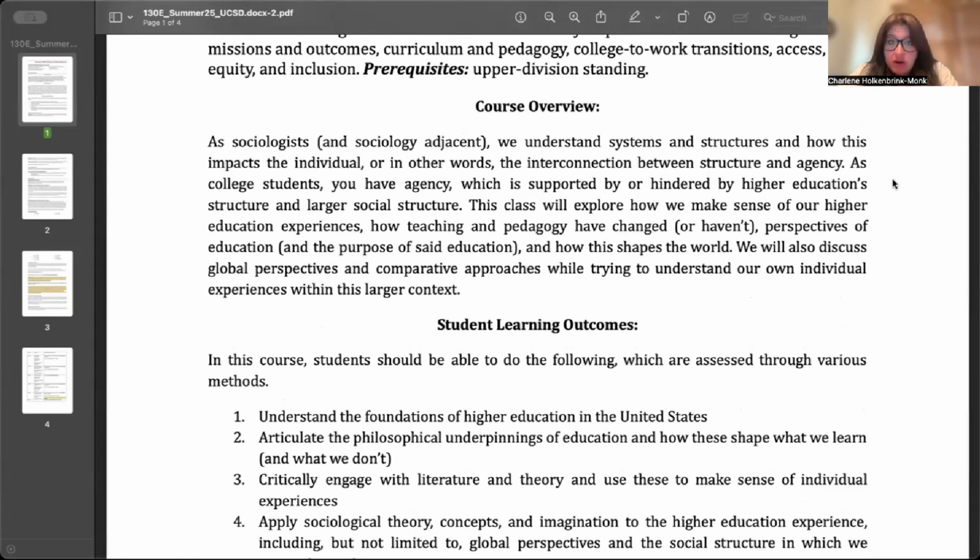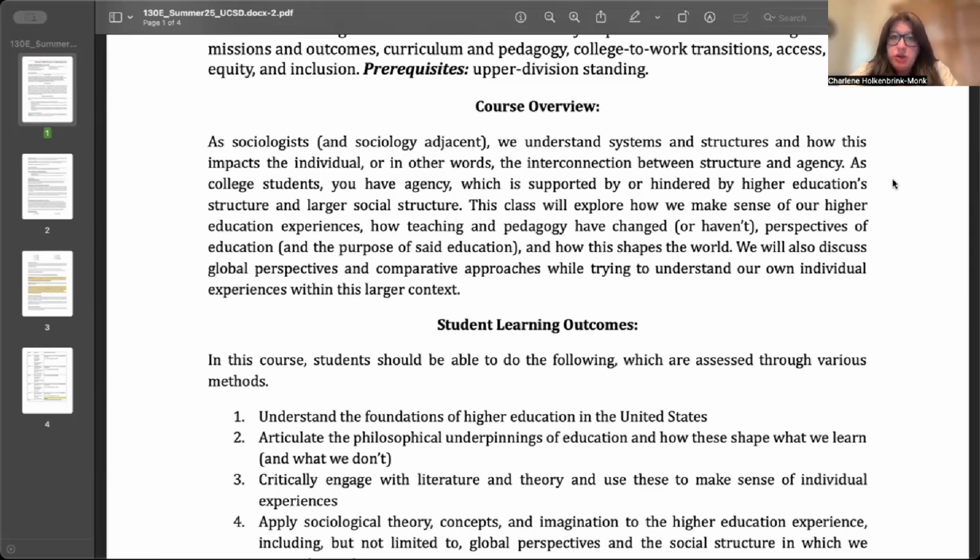Now, I want to make it very clear that sometimes that can lead to a very depressing perspective in sociology. And it is really important that while that is true, we can see that, for example, different policies and laws and what is appropriate or allowed on a college campus can be resisted or protested, right? Or how your instructor is the one who makes the decision. So that also influences the way that you learn or what you learn.